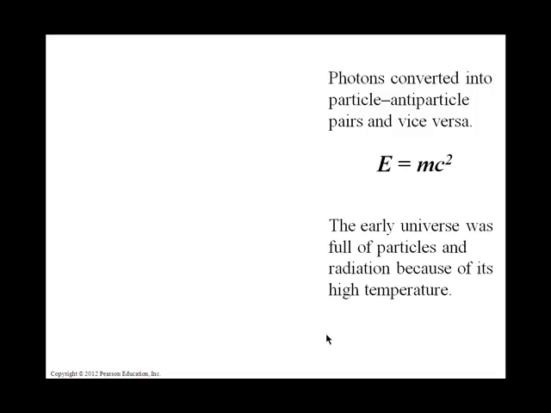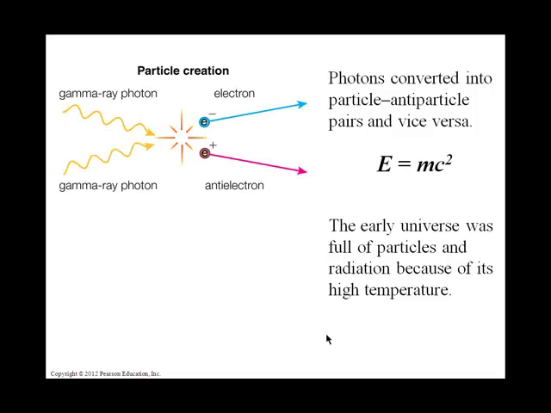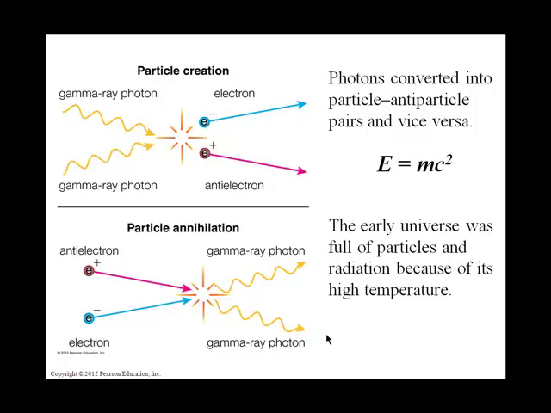But early on, right at the time of the Big Bang, matter and energy were converting back and forth between each other. If you read these two slides from left to right, in this case we have energy converting to matter. In this case we have matter converting to energy.